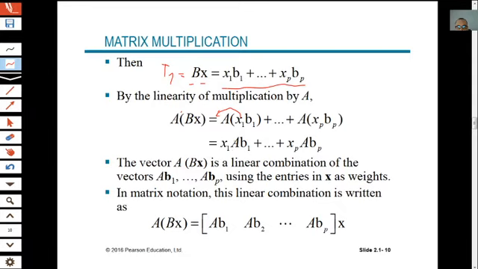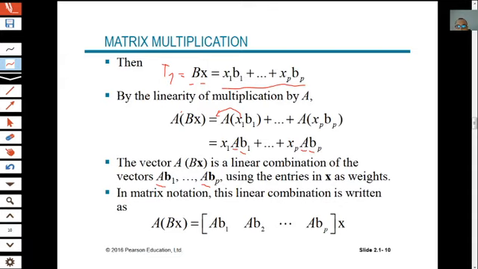So we have the product of the matrix A and the vector b1, the first column of the matrix B, and so on, up to xp times the product of the matrix A and the vector bp, which is the last column of the matrix B. So the vector A times Bx is a linear combination of the vectors Ab1, Ab2, up to Abp. Okay.